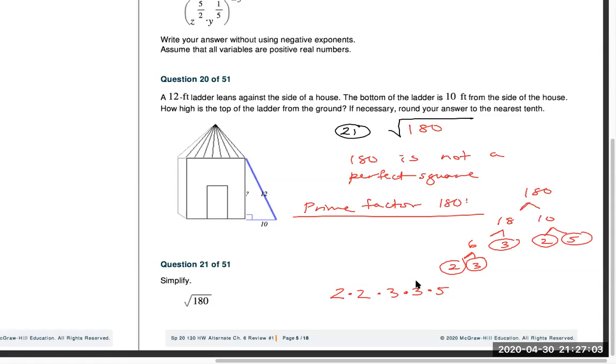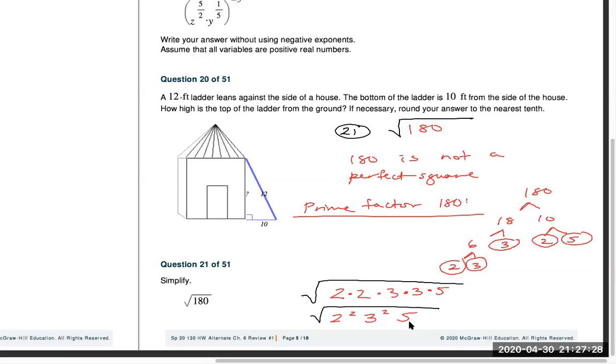And remember, that's still square rooted from our original expression. You have a pair, you have a pair, right? So if it helps you, write this in exponential form: that's 2 squared times 3 squared times 5.